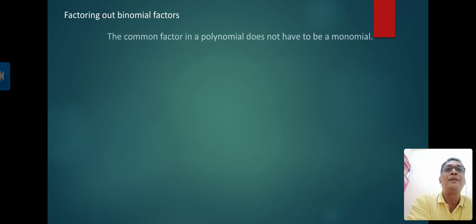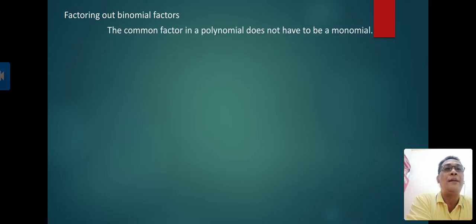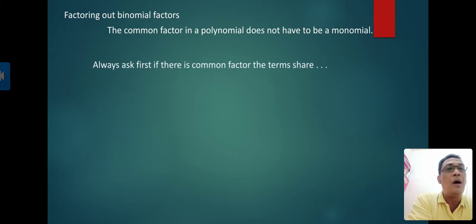So today let us try to discuss factoring out polynomial factors. Now, the common factor in a polynomial does not have to be a monomial. It could be a binomial, trinomial, or even a polynomial. So, always ask first if there is a common factor, a term shared.